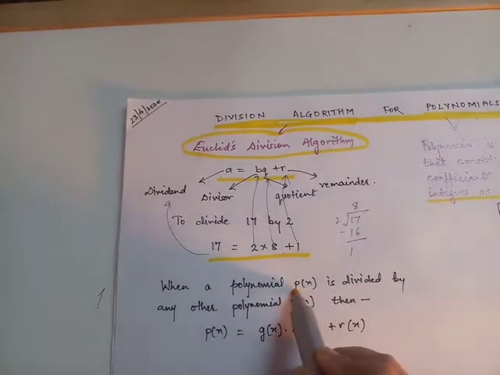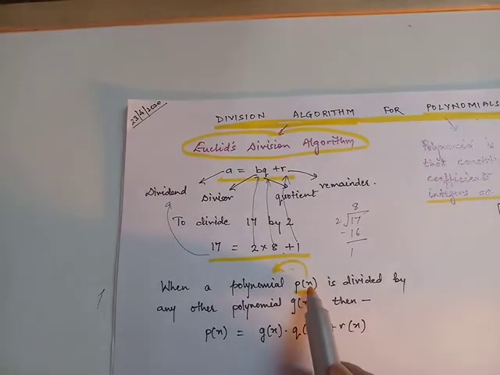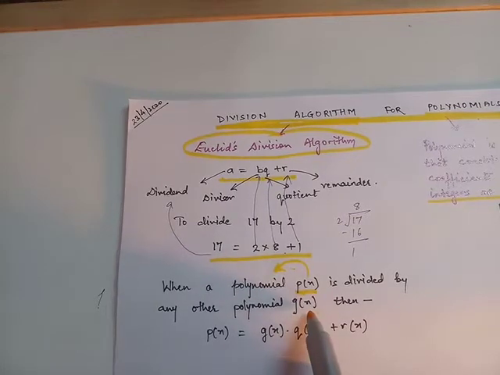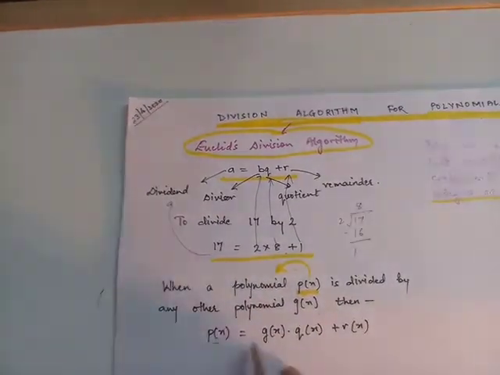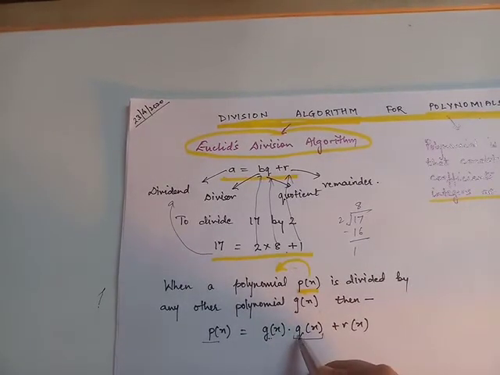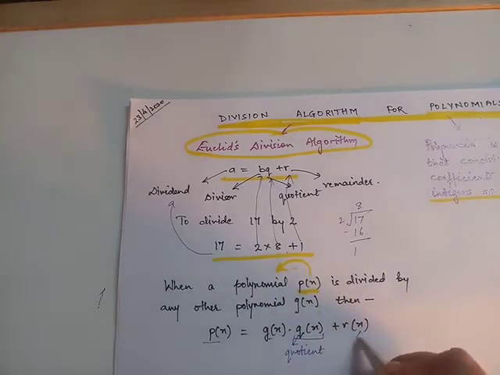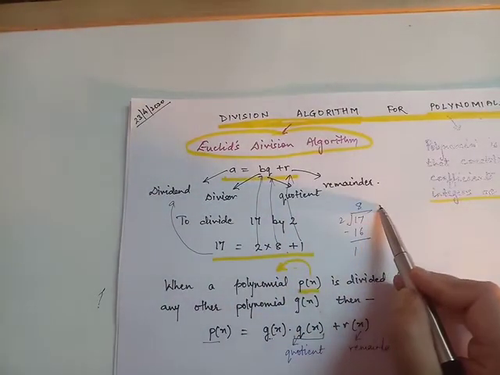We all know p(x) is a representation for a polynomial. Because we have used the term p(x), we are using g(x), but it is again a polynomial. So, when we divide our polynomial p(x) by g(x), we get a quotient q(x) and this is the remainder r(x). We have written it in the same way as we had Euclid's division algorithm.